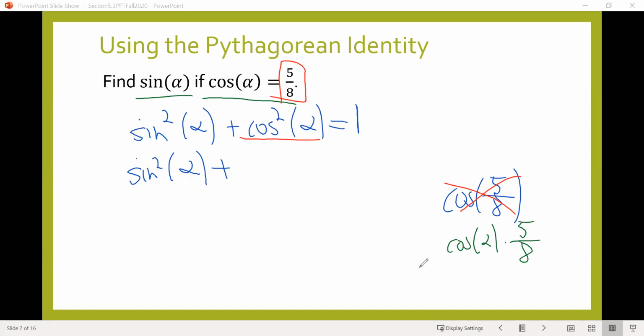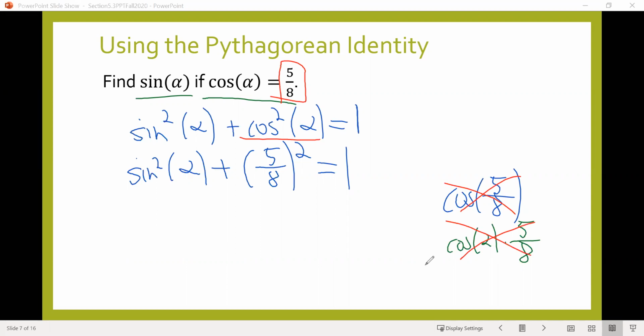That's not what this means either. Again, we're told that the cosine equals 5/8. So the 5/8 there is going to take the place of the cosine value. So this will become 5/8 now squared instead of cosine squared. So the 5/8 took the place of the cosine, and it's squared because the cosine was being squared.